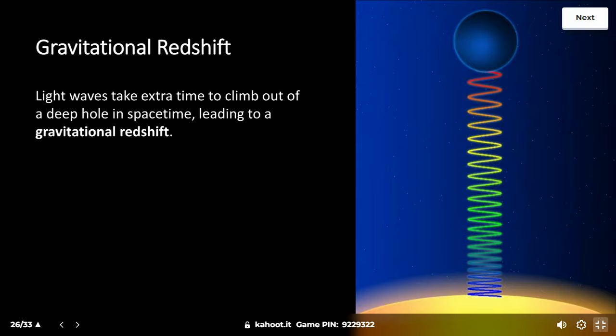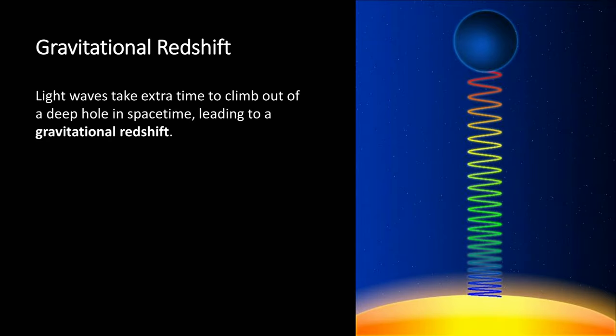There are other consequences of having this very dense mass distorting your space-time. It's called gravitational redshift. We'll come back to talking about redshift when we talk about the evolution of the universe, but if you have, let's say, the space between these two objects, if there was no mass, then the distance would just be kind of a straight shot.